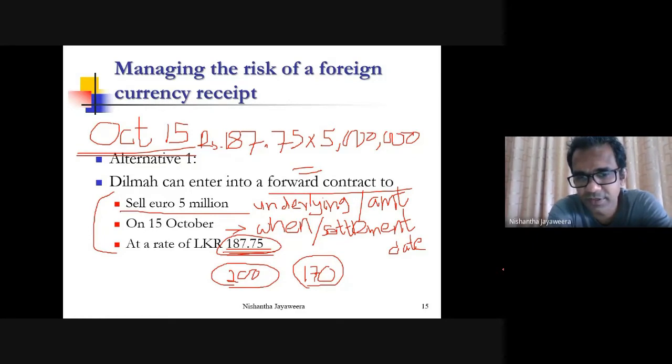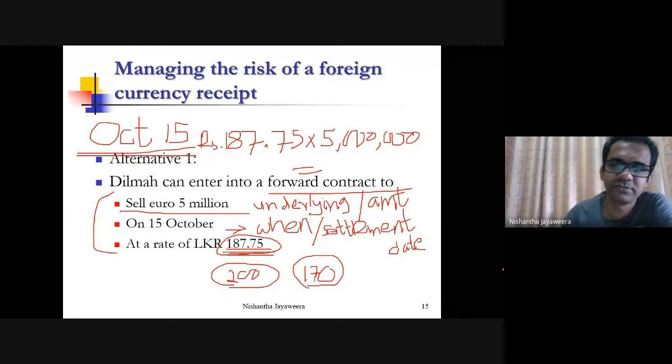On October 15th, you can't blame your treasury people, saying why did you agree to sell this at 187, we could have sold it at 200 today, you have done some misconduct or something like that.